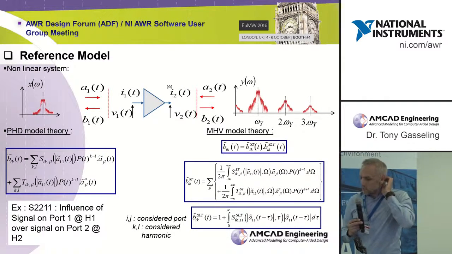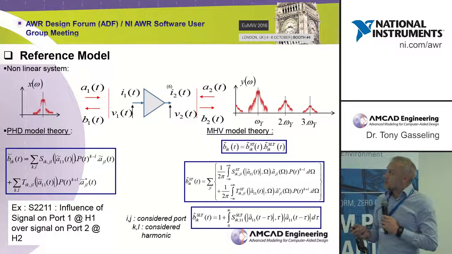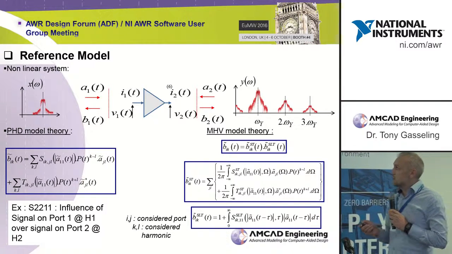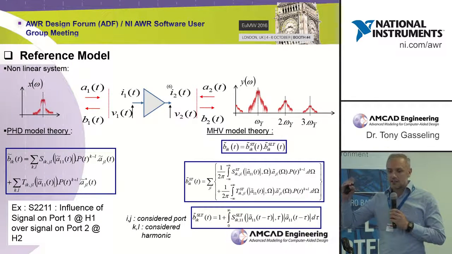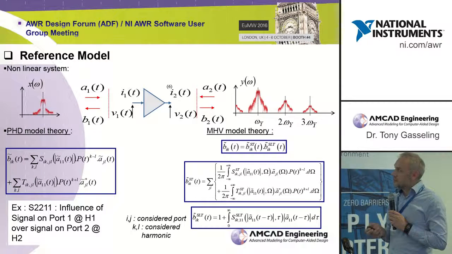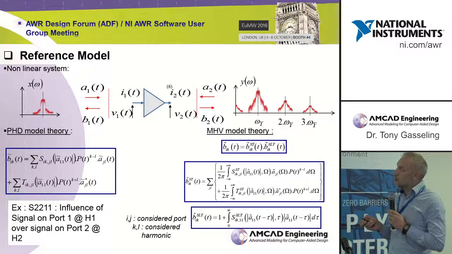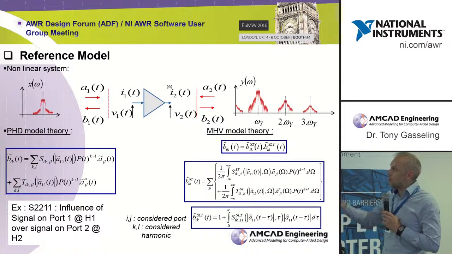So just a few words, very few words, about the model itself. When we are dealing with the polyharmonic distortion model, a classic model in fact, the concept is that if we inject a signal at a given port and at a given frequency, and on top of this signal we apply a small perturbation, we can see what is the influence of the input signal at a given harmonic on the output signals at the fundamental or harmonic frequencies.